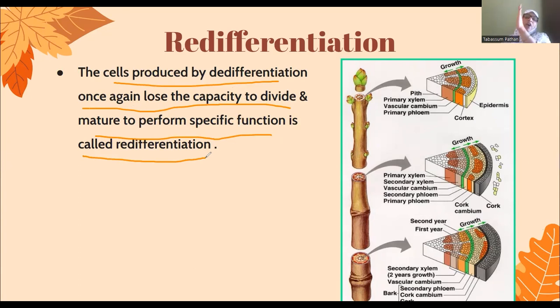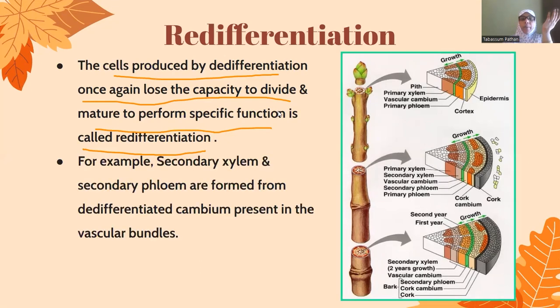So the interfascicular cork cambium, formed from the parenchymatous cell, can further redifferentiate and again undergo the differentiation process.